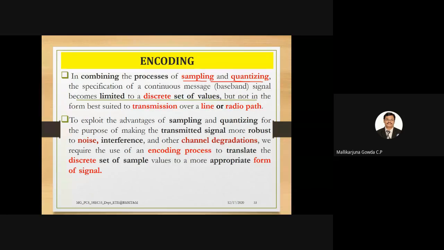So to exploit the advantages of sampling and quantization, for transmitting a signal over the line or radio path that is robust to noise, interference, and channel degradations, I need to think of the best encoding process to translate this discrete set of samples into a more appropriate form of the signal.